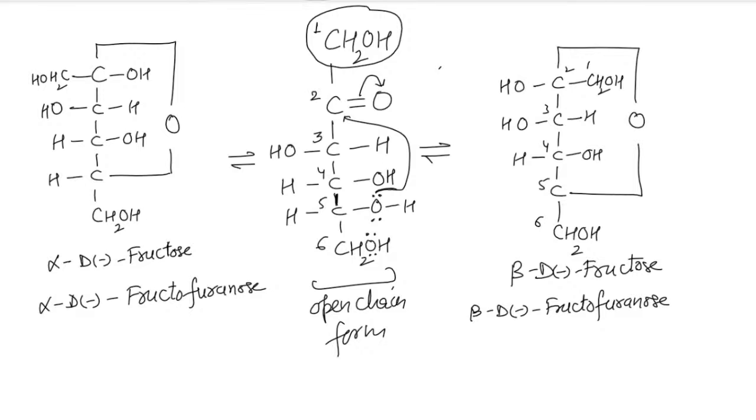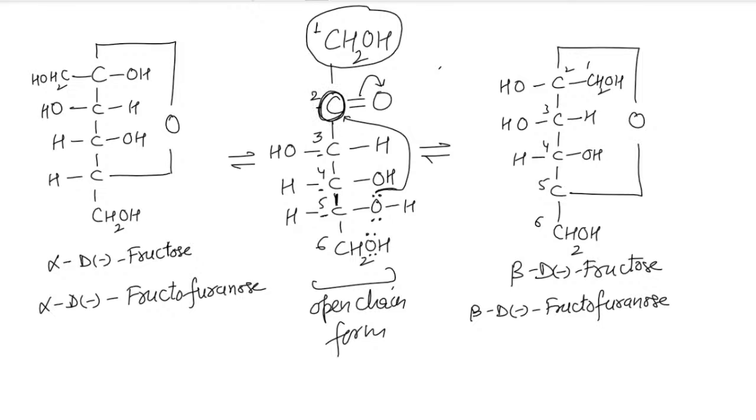On the second carbon there is a CO group, and on the fifth carbon this oxygen gets attached to the second carbon. So, see, 1, 2, 3, 4 and oxygen. So a 5-membered ring is formed. On the second carbon the OH is formed.